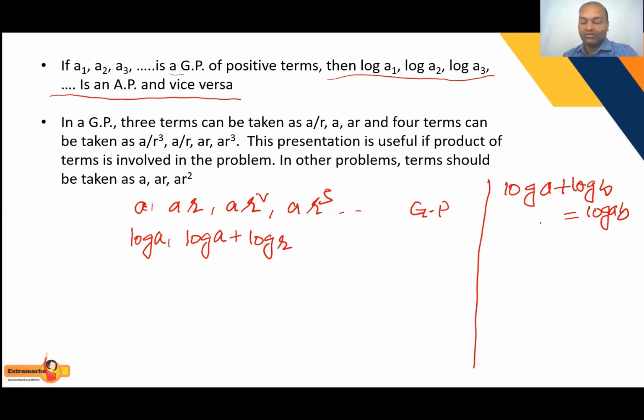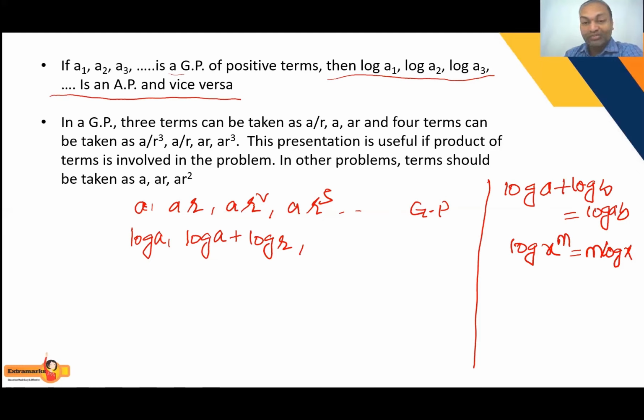And one more property also we will use, that is log x power m. The log x power m formula is m into log x, right? Okay, let us come to the next term, log a into r square.